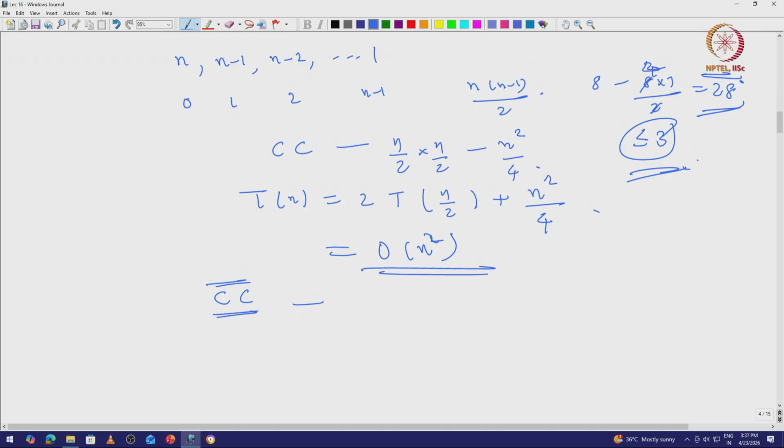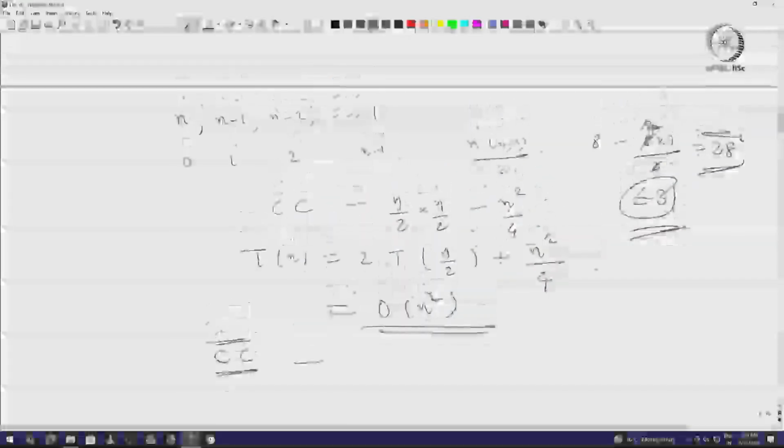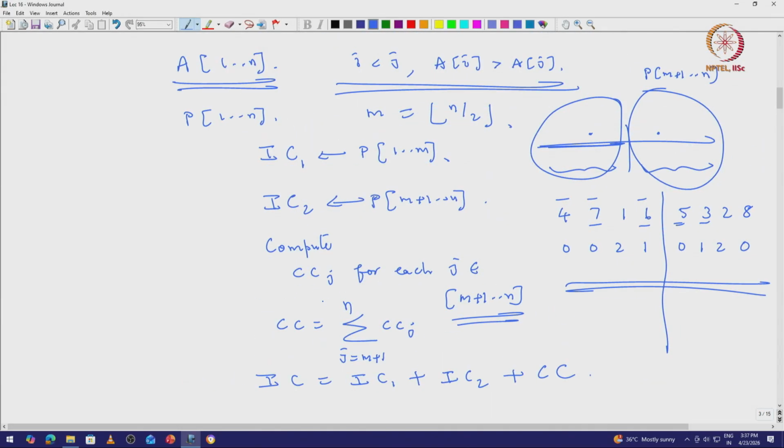Then we can speed up this process. You do not require the scanning. Let us consider the same example. Suppose I sort it as 1, 4, 6, 7, and here I sort it as 2, 3, 5, 8.